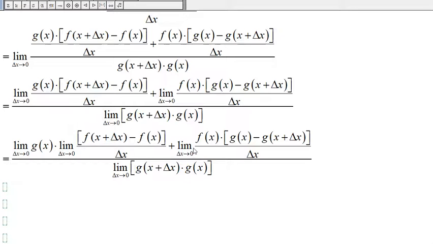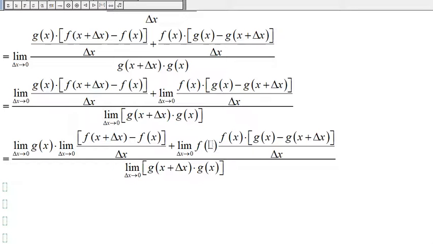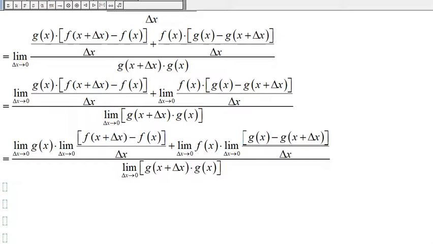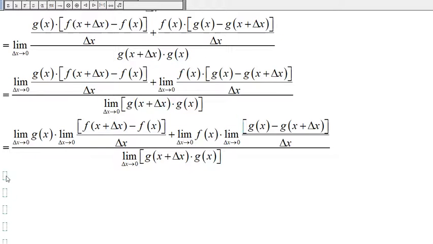And then over here we have the limit of f of x times the limit of that part. And so the limit of g of x is just g of x, since the limit is with respect to delta x, and we don't have any delta x here. So here we just get g of x.